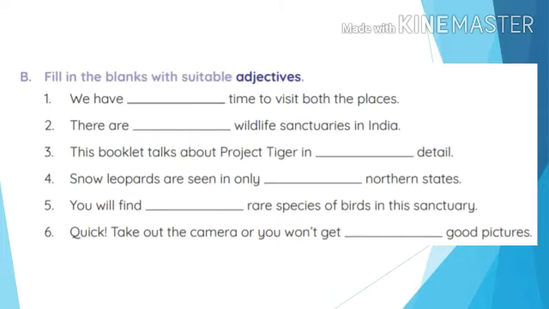Snow leopards are seen in only dash northern states. Then you will find dash rare species of birds in this sanctuary. Sixth one: quick, take out the camera or you won't get dash good pictures. Those are the sentences, and you fill them up with suitable adjectives. You are already aware of it, that's why I'm not going into it. You have already done this before.